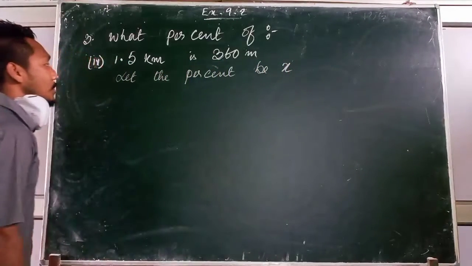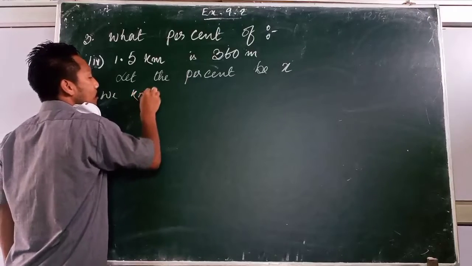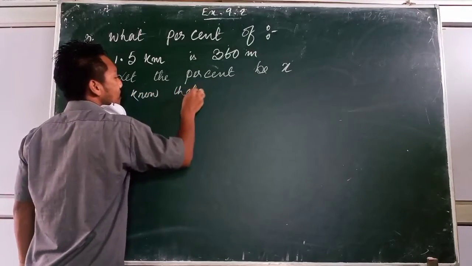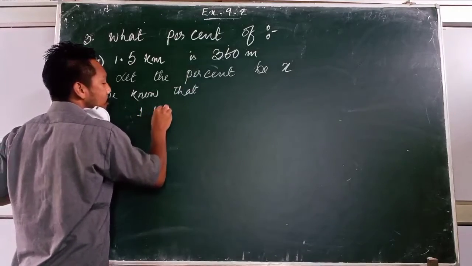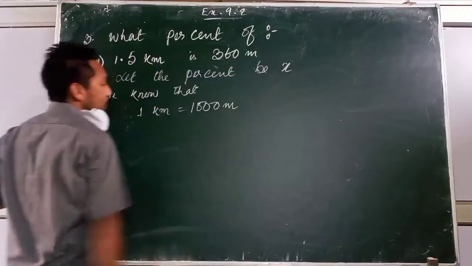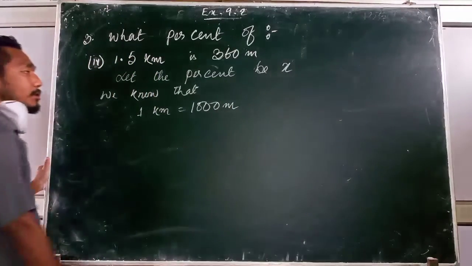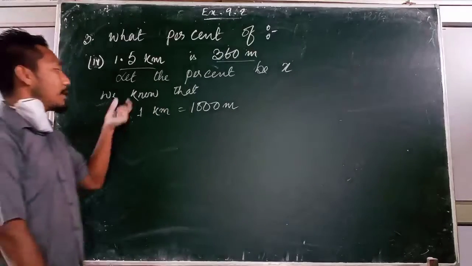Here again we know that 1 kilometer is equal to 1000 meters. So either I will convert this one or that one, you can convert any one.